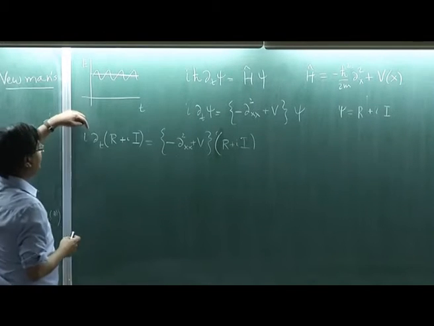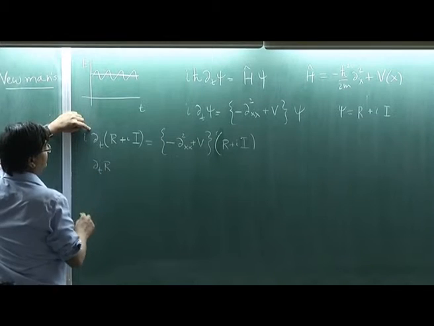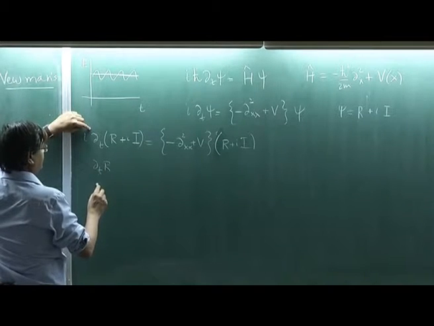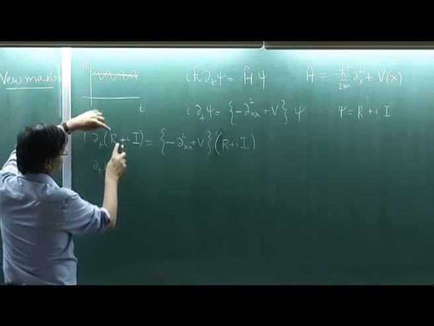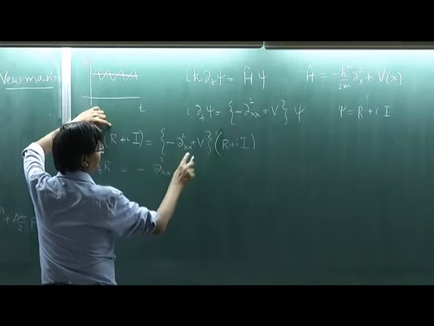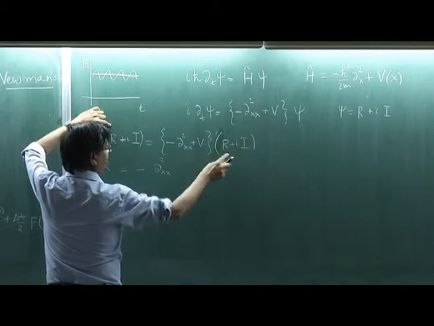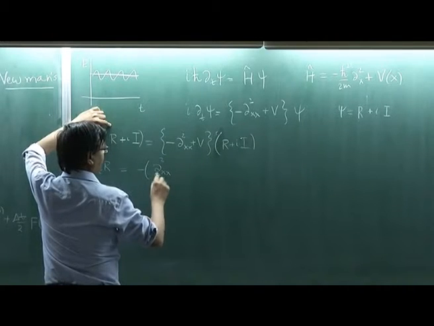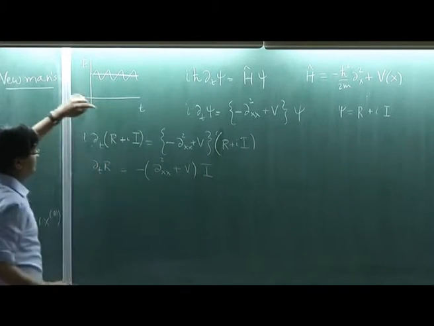How does the imaginary part look first? The imaginary part will be dt R equal to minus dx squared, no, imaginary multiplied by i, plus V I, correct.